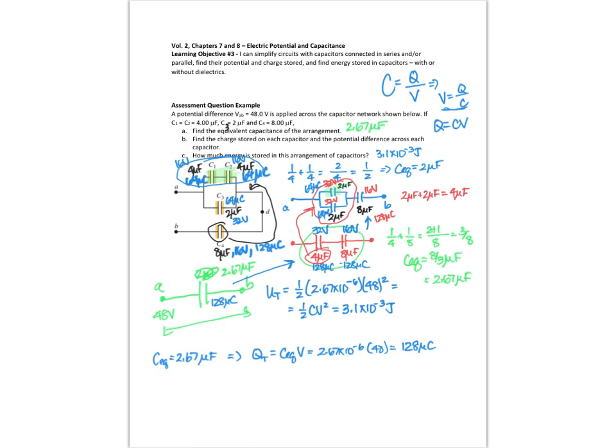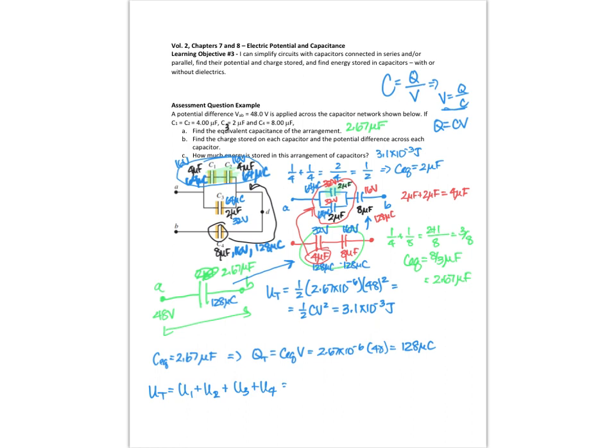I also wanted to find the total energy by finding the energy stored in each of the individual capacitors. What I wanted to show is that I could have found the total energy stored by looking at the energy stored on each capacitor and adding them all together, or by looking at the equivalent capacitance and the total potential difference.